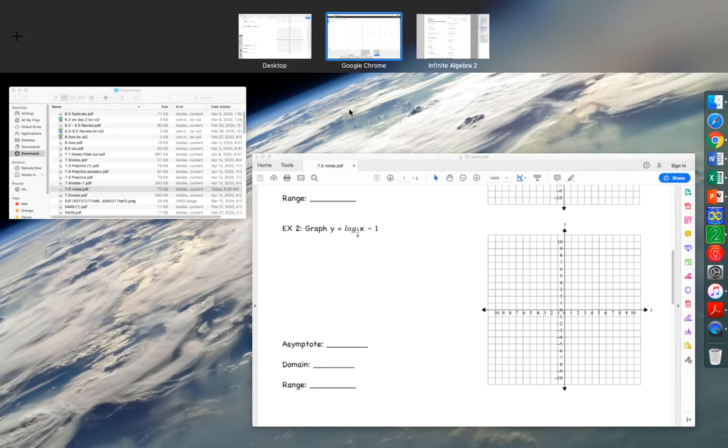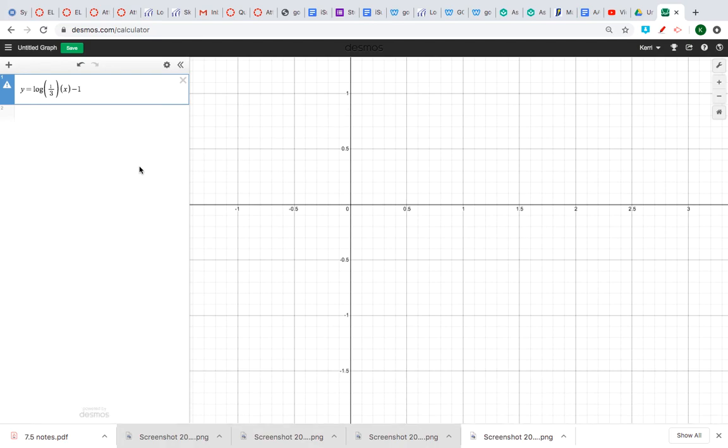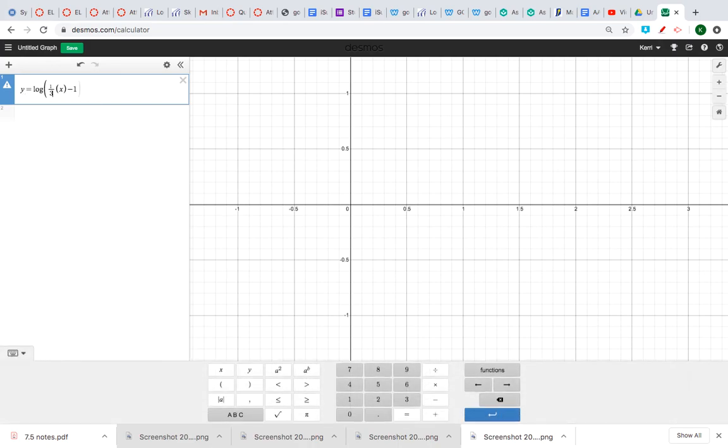So it was negative 1. And if we do, oh, let's do a decimal approximation. Try that. We can always do a workaround.